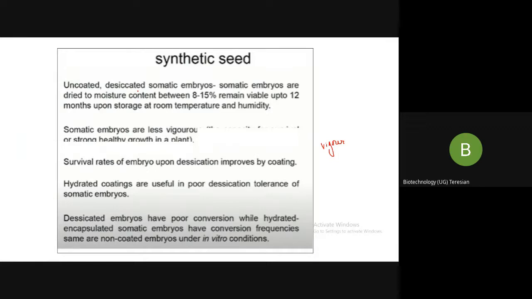Okay, so the hydrated coating, what are these? As I said earlier, as I showed you in the picture, these are nothing but the hydrogels. These are hydrogels, the hydrated form.